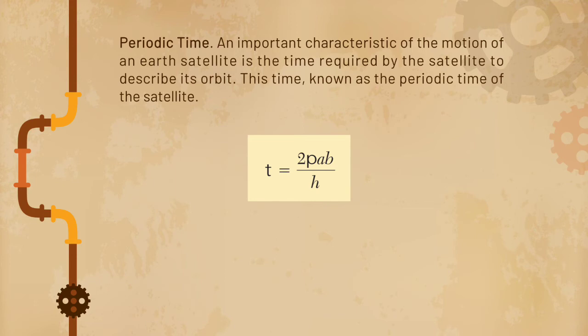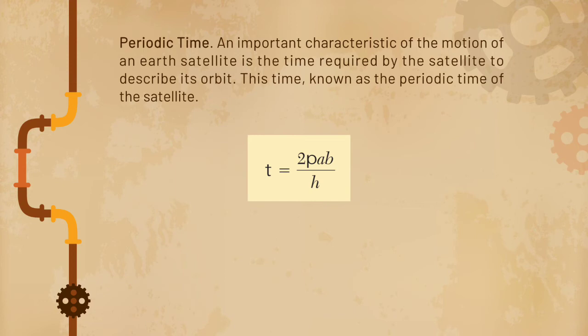Noting that the area of an ellipse is equal to pi times a times b, where a and b denote the semi-major and semi-minor axes, respectively, and that the areal velocity is equal to h over 2, we can write tau is equal to 2 times pi times a times b all over h.